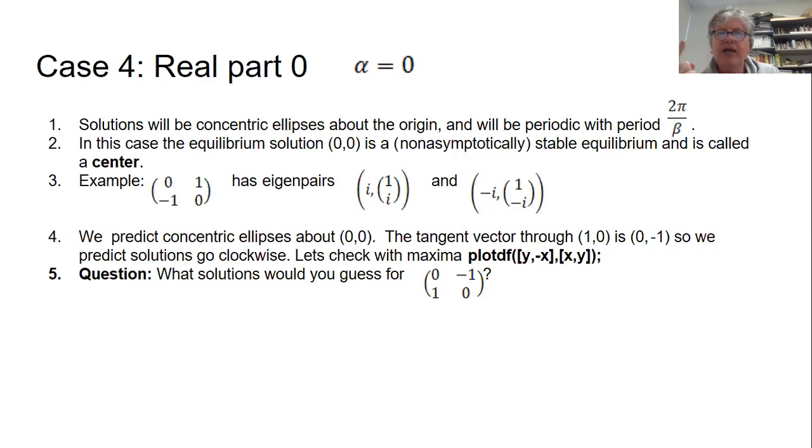Well, if we look at what happens to the point 1, 0, we hit the tangent vector 1, 0 by 0, 1, minus 1, 0, and it goes to 0, minus 1. So, right, 1, 0 is the point, which is the rightmost point on the ellipse. The vector 0, minus 1 is just pointing directly down. So this means we're going to be going clockwise. Okay, and so let's check that with Maxima.